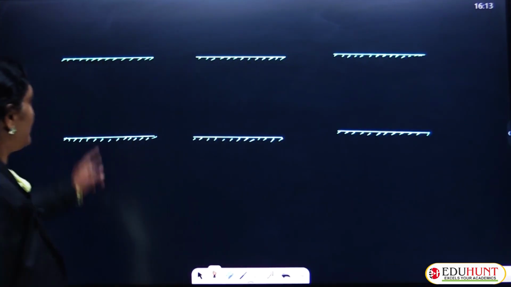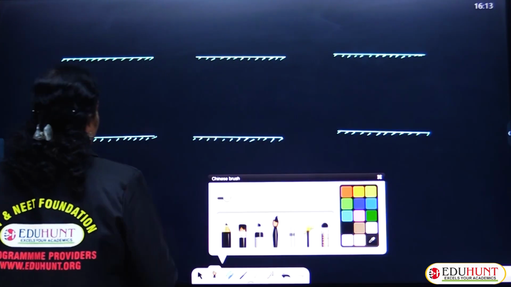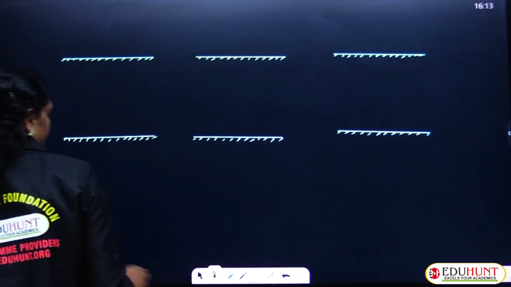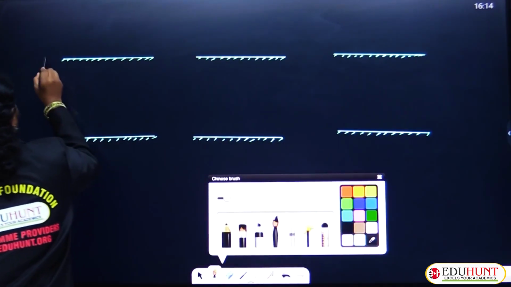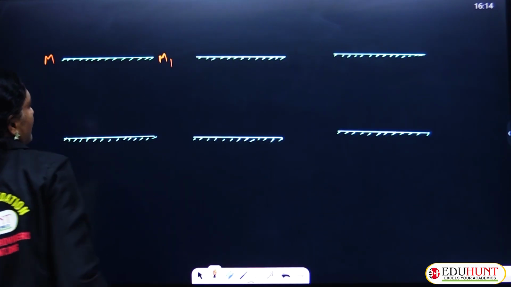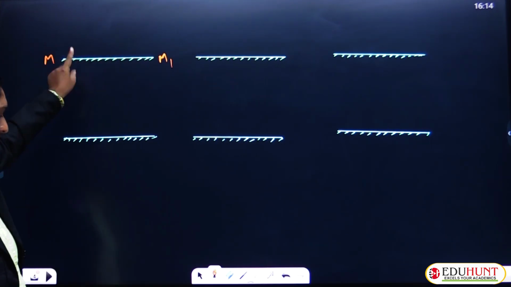Let us come back to the first one. What is this, children? Let me name this M1. This itself is a surface. Let us consider M1 as a smooth, plain surface, that is a plane mirror. So this is called your surface.